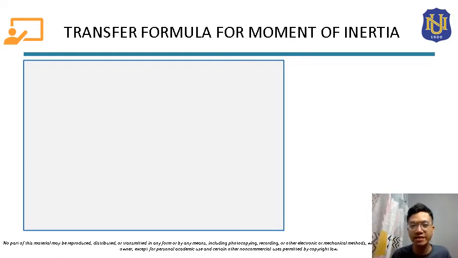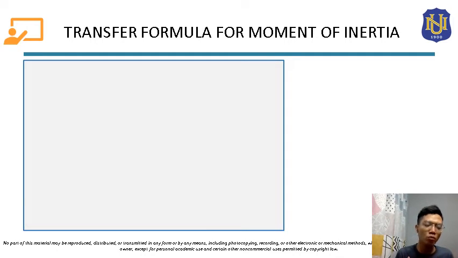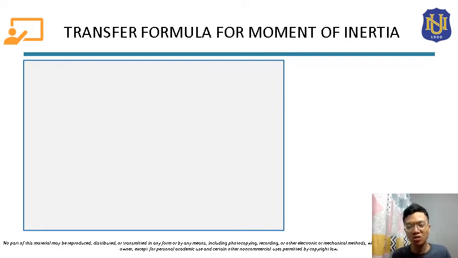So let's proceed now to the transfer formula for moment of inertia. This topic will be very important and useful if you don't want to memorize a lot of moment of inertias with respect to different axes. For the transfer formula, as long as you know the established x and y centroidal axes, you can solve for the moment of inertia of that area with respect to any x and y axis.